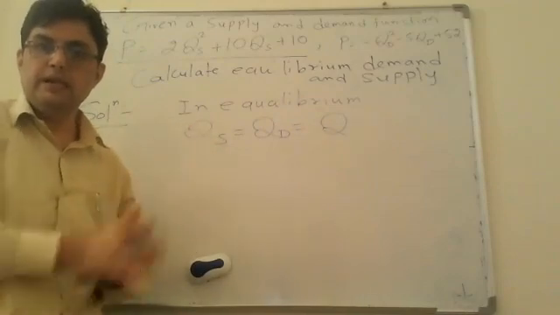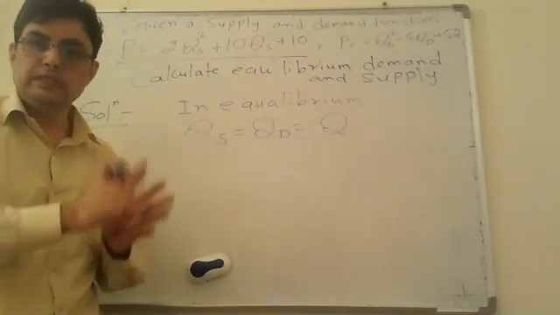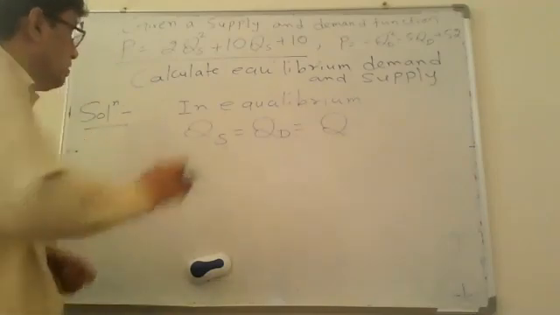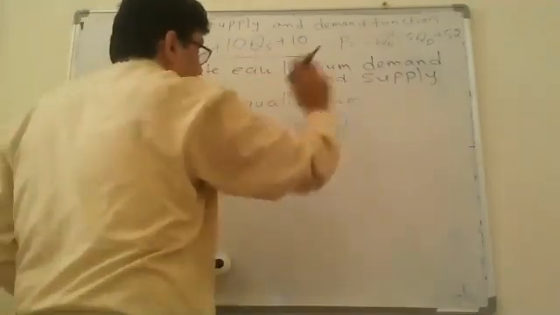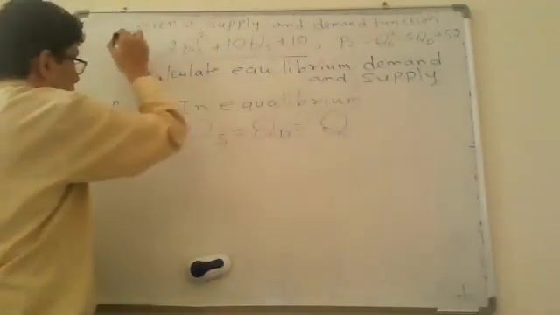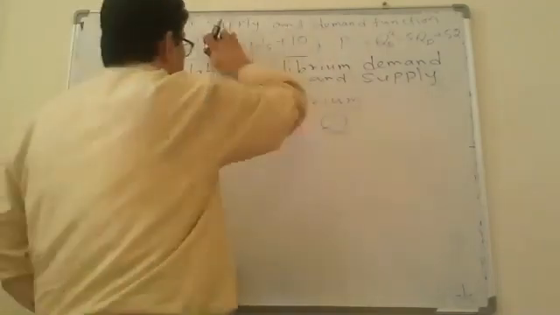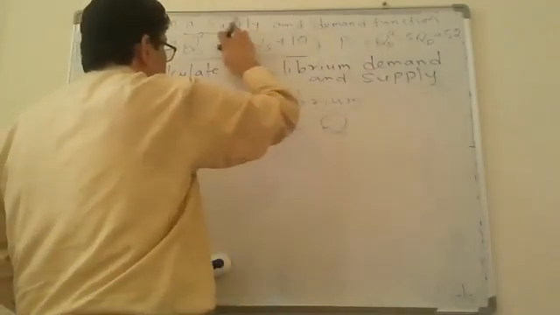You can consider it as Q, the same as a linear equation. Now this is the value of P and this is also the value of P, but in quadratic form.